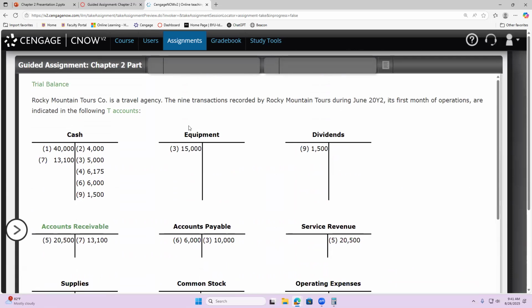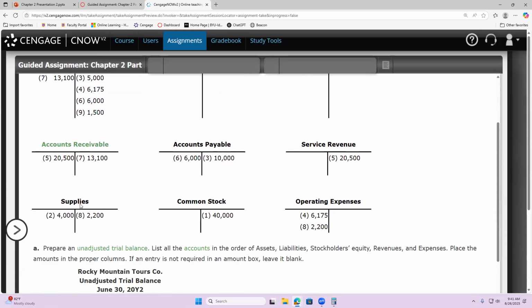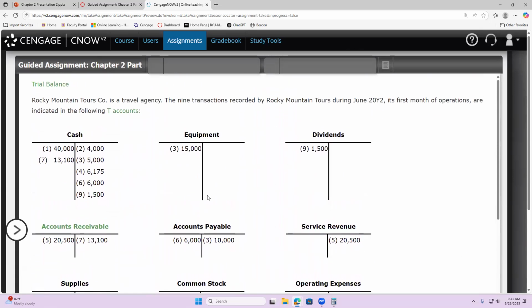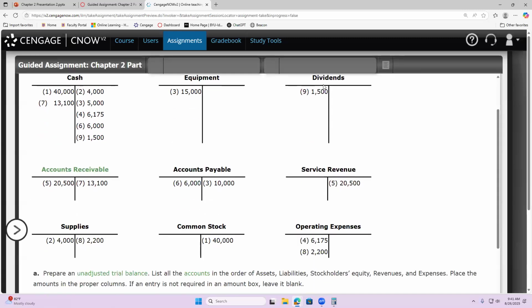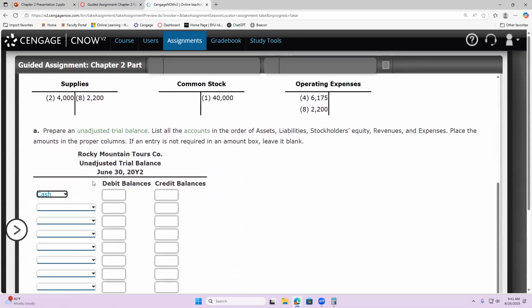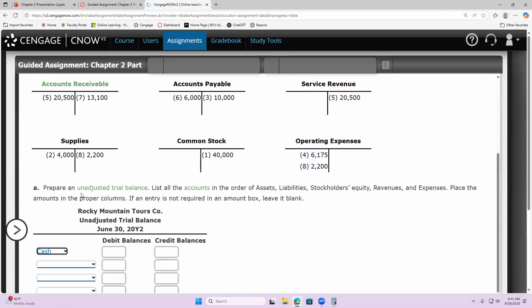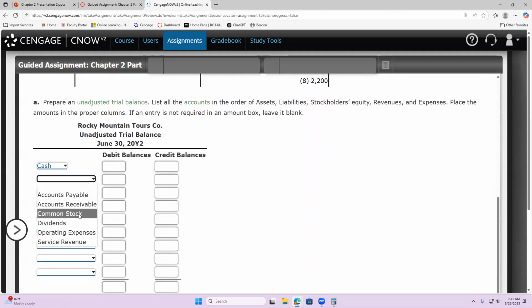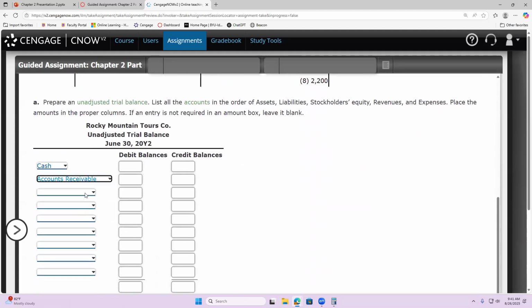Here's a nice little way they have this set up, that they're in order, right? We have assets. No, they're not. Maybe they're this way: assets, cash, accounts receivable, supplies, equipment, then liability, then stock, then dividends, then revenue and expenses. So they're in that order. So we're going to put them in that order: cash, then accounts receivable, then supplies.